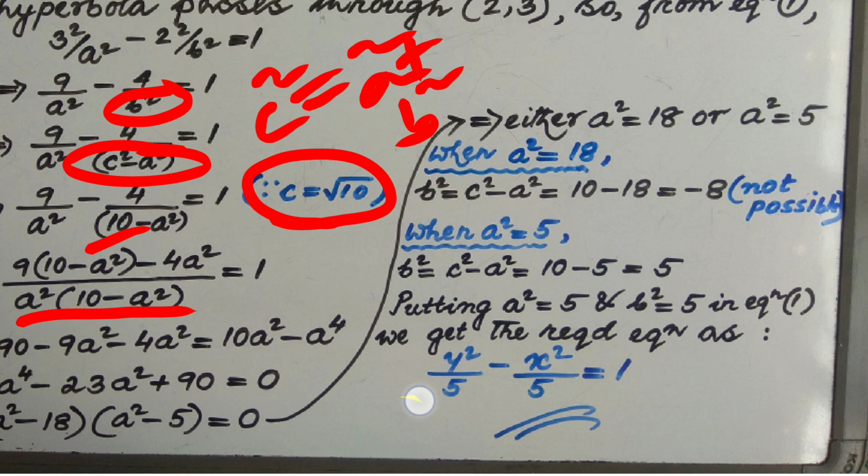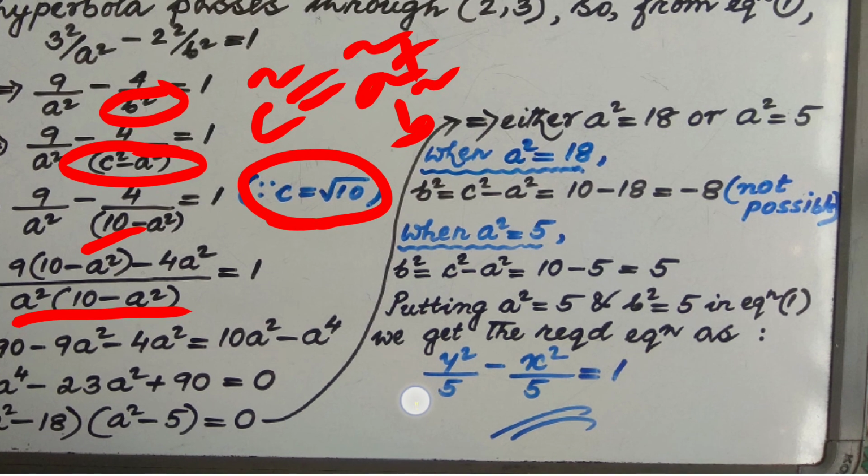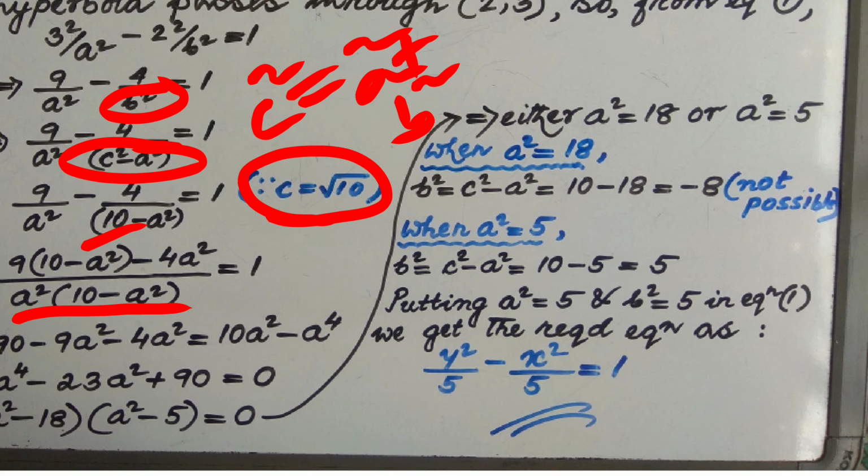We get b square to be minus 8, which is not possible. How come it is not possible? Square of a number can never be negative. Hence, we reject b square equals to minus 8. So, a square equals to 18 also rejected, gone.